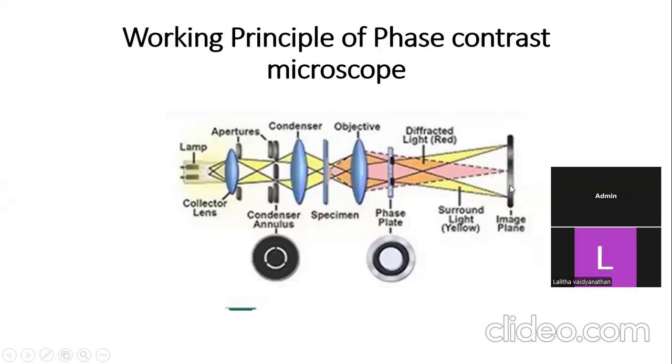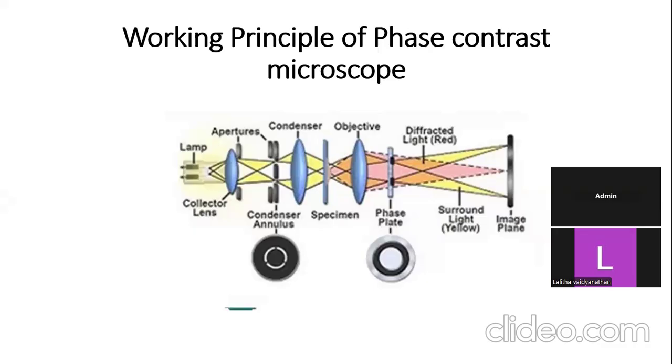So now the contrasted light is going to form an image. Say for example, when it is a cell, an animal cell, or a plant cell, whatever it may be, when the light falls on the cell, the nucleus receives the light. So the nucleus will be dark.